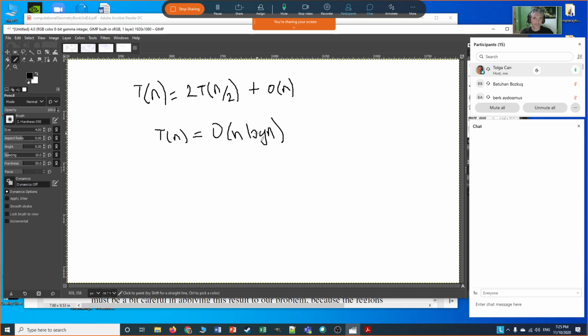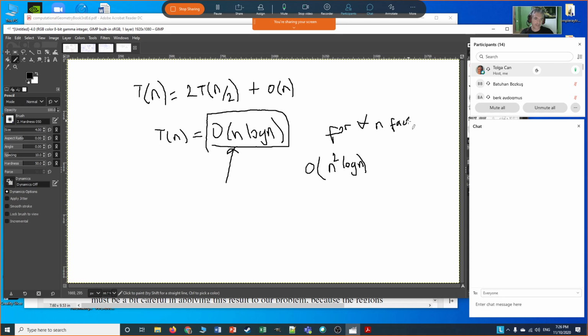If you use this to solve your 2D linear programming formulation of your problem, at the end you are going to have an n squared log n time algorithm in total. If you use this section 4.2 algorithm to solve the 2D LP problem in n log n time, you're going to solve it for all n faces or facets, the faces of the polyhedra.